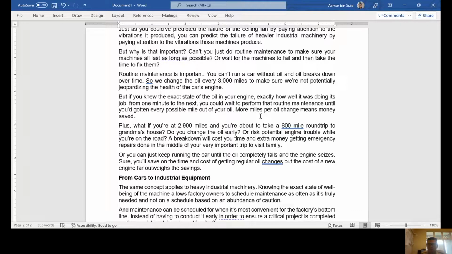As I told you before, you have to compare. If the manufacturer of the machine or the equipment or the motorcycle states that you have to change the oil every 600-mile round trip, or every 3,000 kilometers or 5,000 kilometers, is it true?